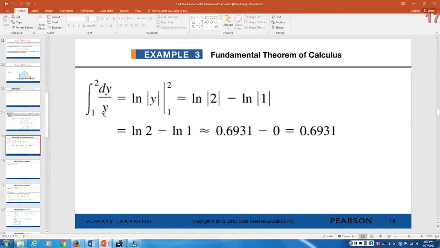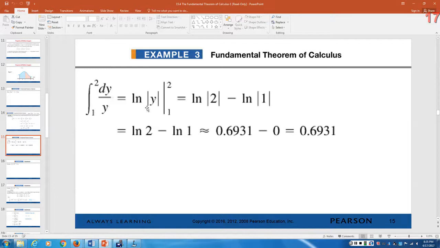And the integral of 1 over y is the antiderivative of 1 over y, which is the natural logarithm of y. Remember, 1 over x and ln x are the derivative twins, okay?